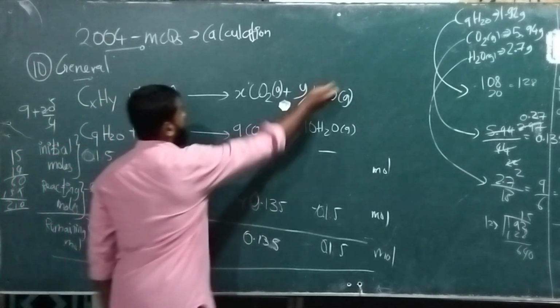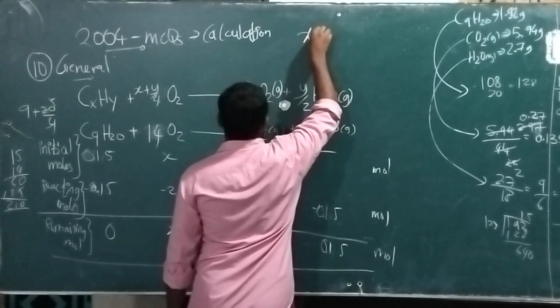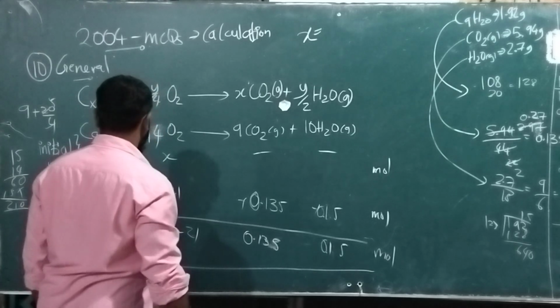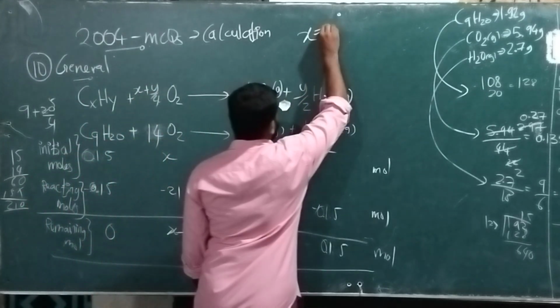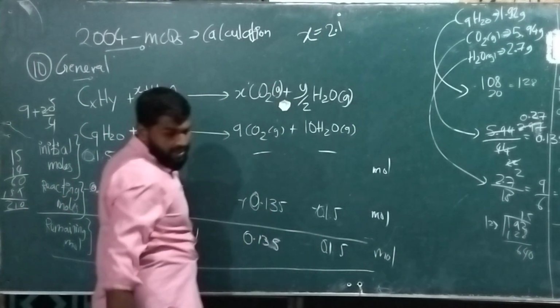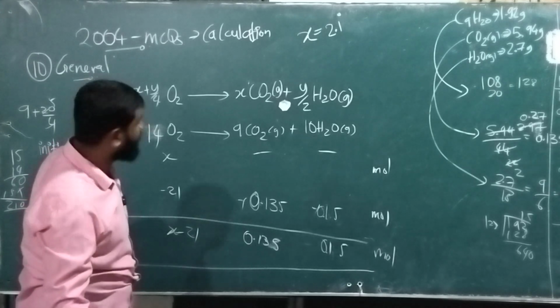So what can be x? So x is equal to 2.1, right? It has to be 2.1.